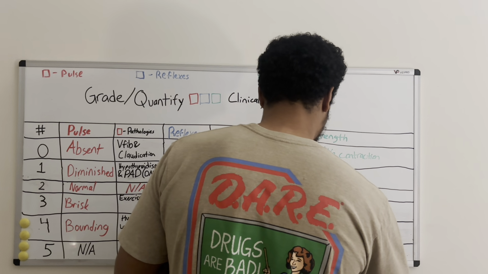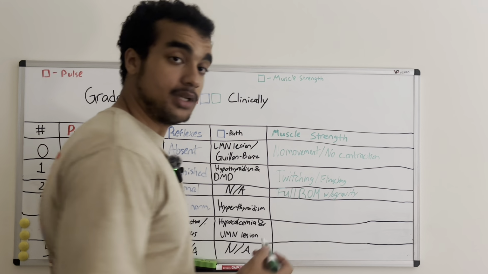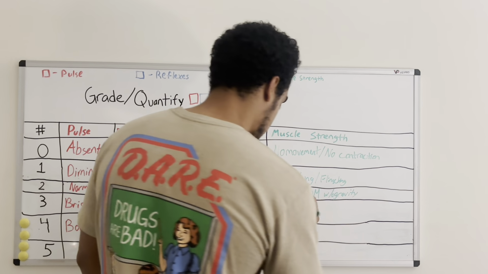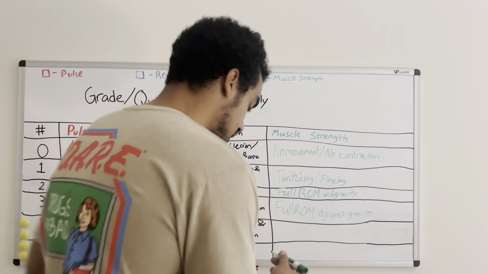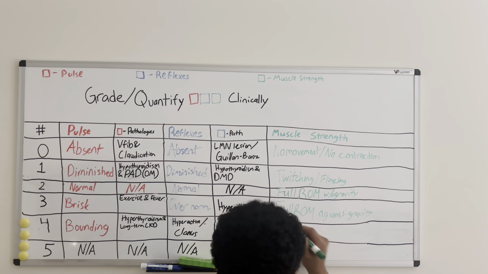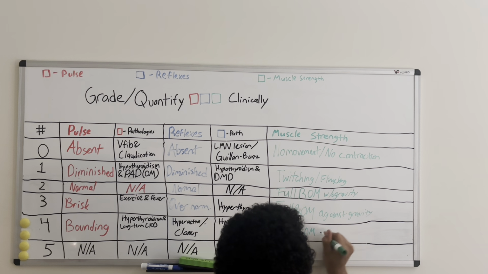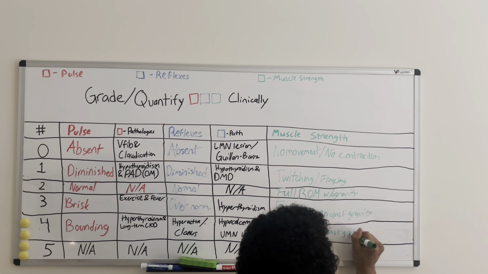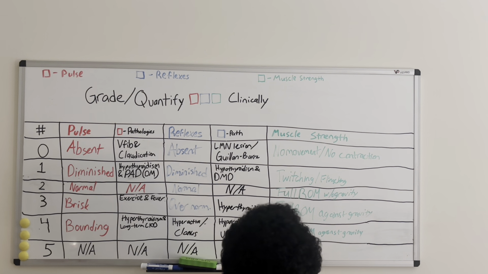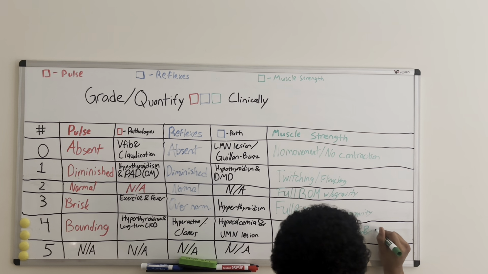2, full range of motion without gravity. 3 is going to be a full range of motion against gravity. Okay. 4 is going to be a full range of motion against gravity, but also against transient resistance.